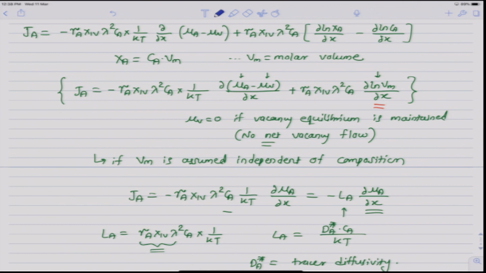One more point that I would like you to note is that the dependence of molar volume on composition will also give rise to a contribution to the flux of A, and it comes through this term dou ln Vm by dou x. So only when we assume that the molar volume is independent of composition can we ignore the drift associated with the diffusion, and that's why we define the volume fixed frame of reference.